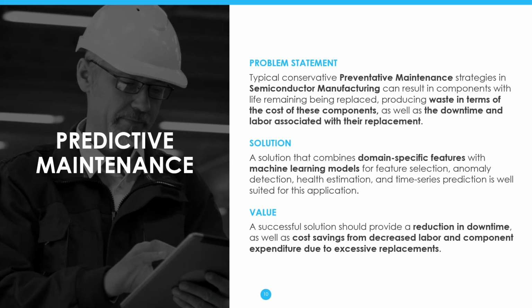The solution that we have developed combined different domain-specific features with data-driven models so that we can estimate and predict the component's health over time. This enabled the equipment owner to replace the component or consumable only when it is needed. This can provide a significant amount of value in terms of reducing downtime and labor cost.